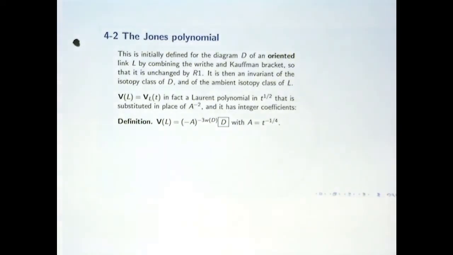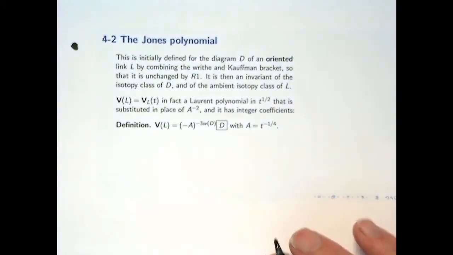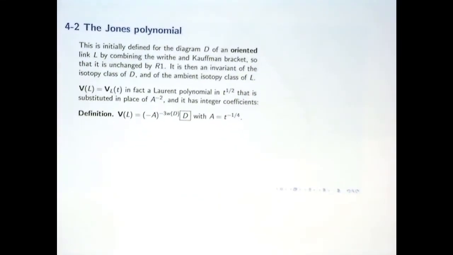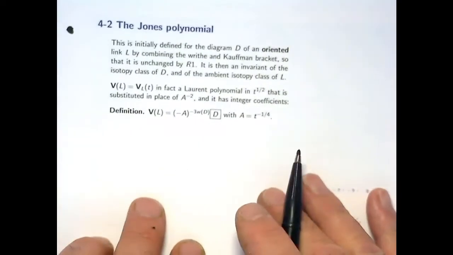Initially we're going to define the Jones polynomial for a diagram, but the key thing is it will be invariant not just by R2 and R3, but also by R1. So what do we do? I'm going to write it down just in case you can't see very well.